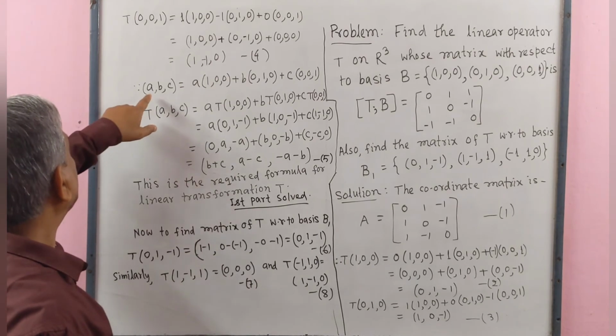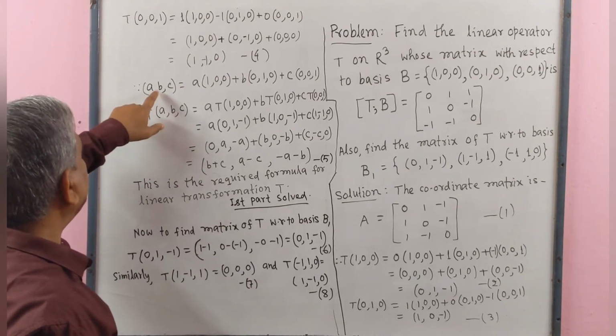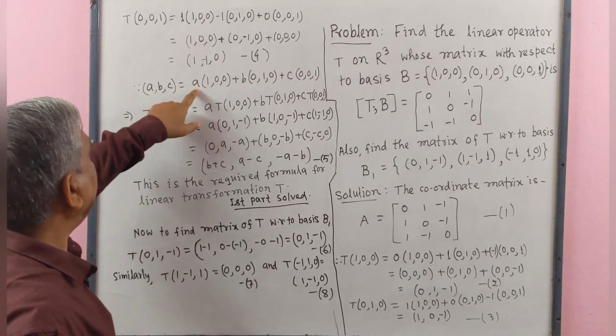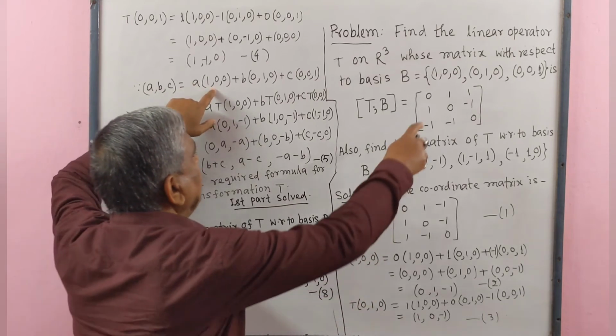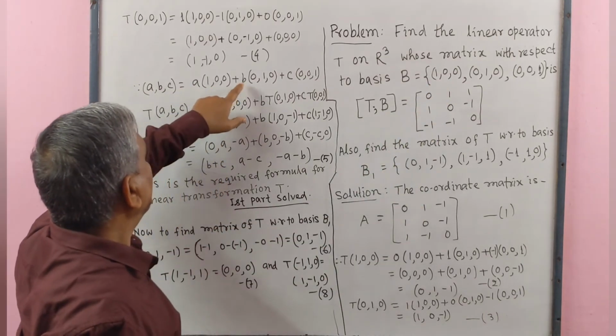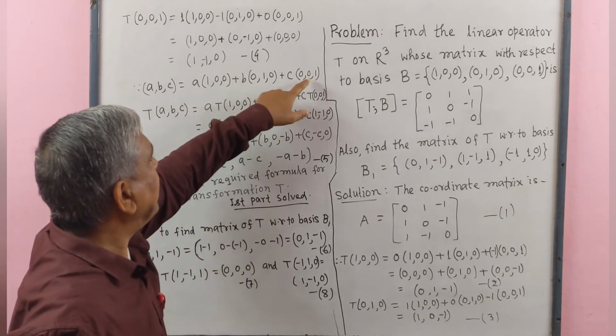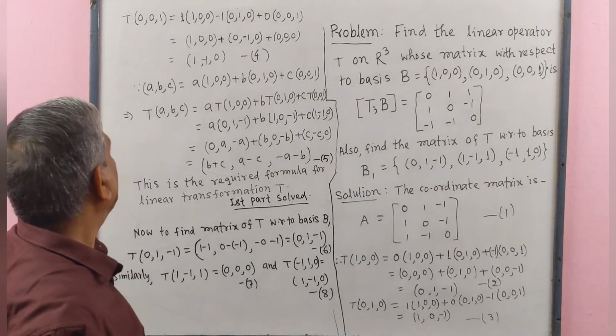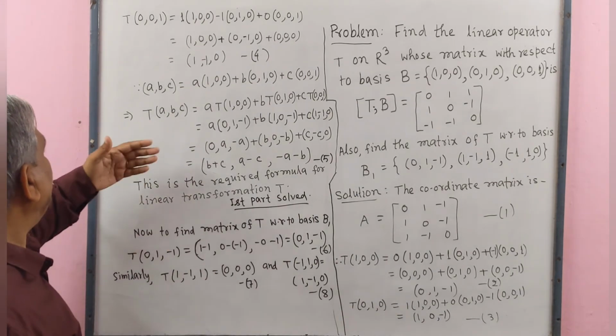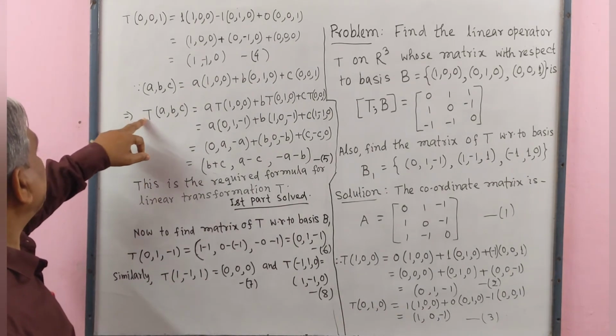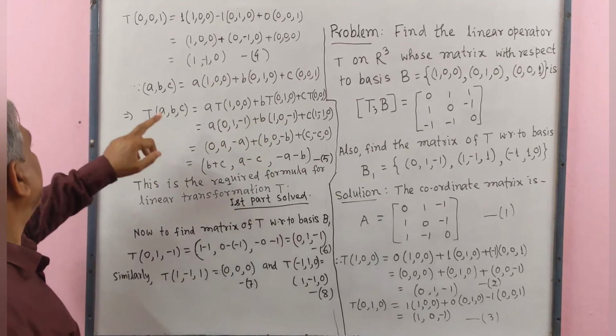Now we may write the ordered triplet (a, b, c) equal to a times the first element of B plus b times the second element of B plus c times the third element of B. Now we apply the linear transformation T on both sides.